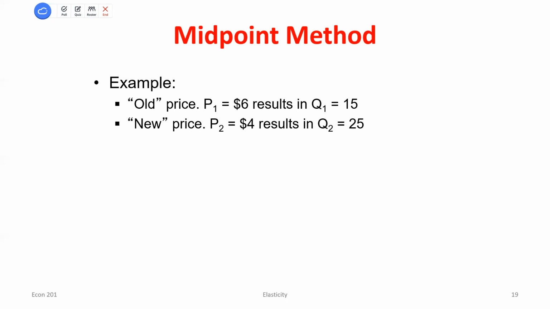And now it's just a matter of plugging in what I was given. So what is the new quantity demanded? 25 minus the old quantity demanded of 15. With these values, it's a little bit easier to see what the average of these two quantities would be.